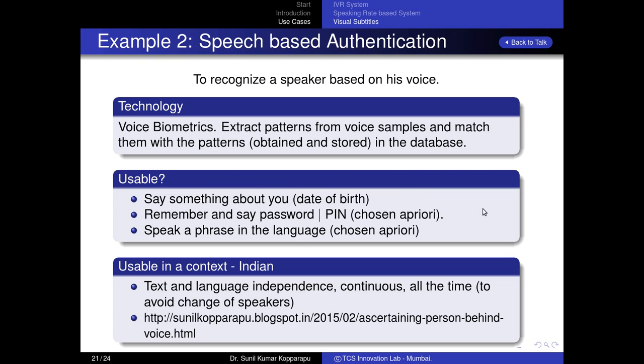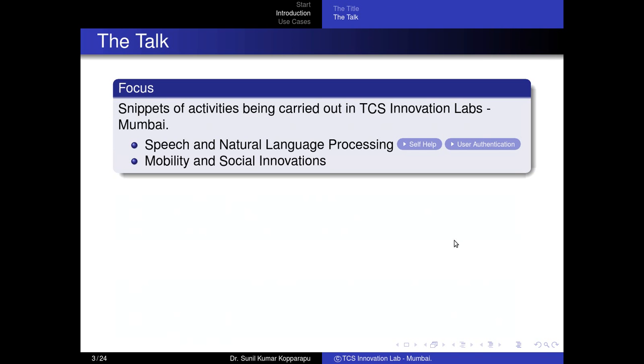But in between, a person B, a bad element, comes and picks up the phone from him and does the rest of the transaction, and the system would not know. So a usable technology should be one which can continuously authenticate the person behind the voice. These are the two examples of connecting the human to the computer using voice.